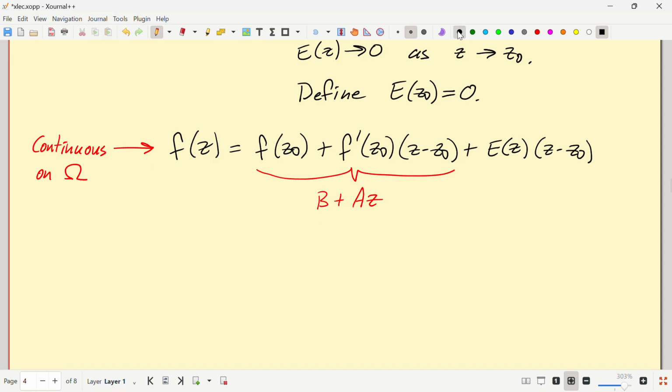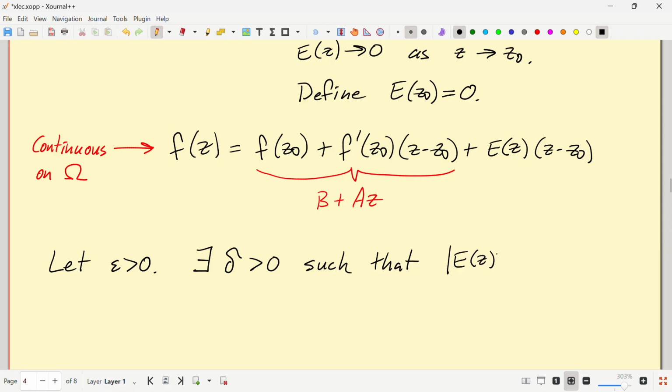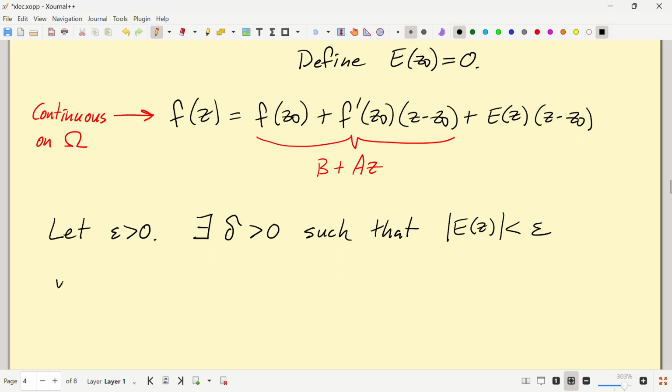Let epsilon be bigger than 0 now. Those triangles are squishing down to z naught. So there exists a delta such that e of z is less than epsilon, since it's going to 0, when z minus z naught is less than delta.